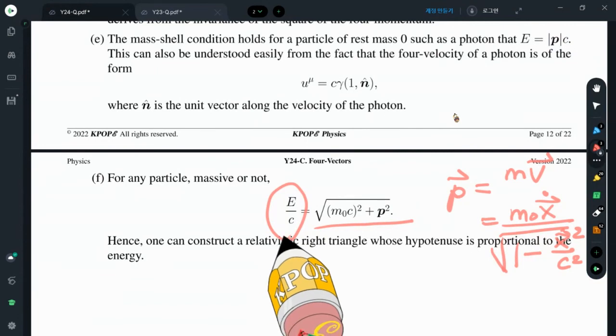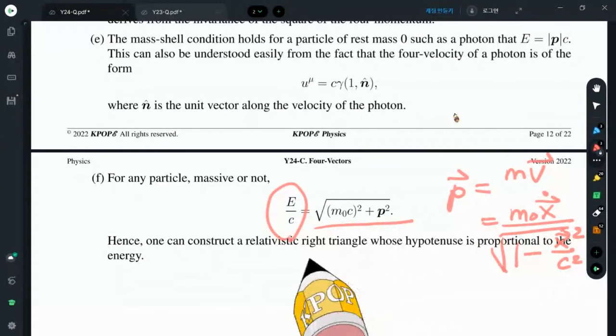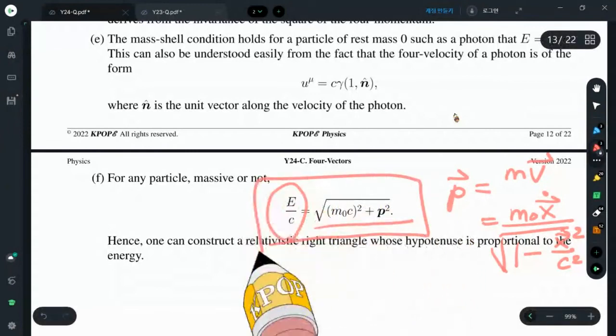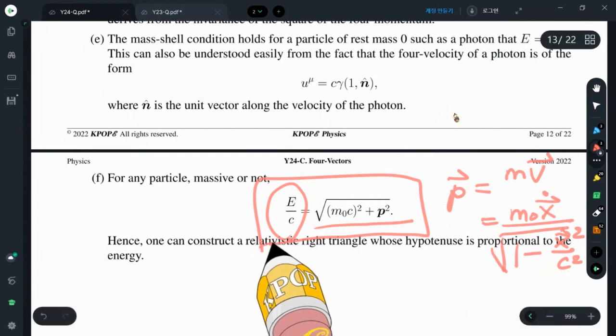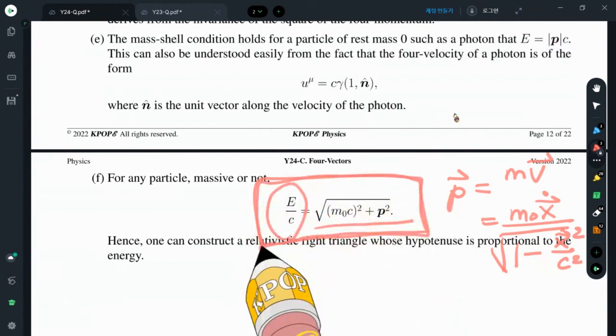From tomorrow, we will study the experimental verification of this crazy idea. It is a direct consequence of the fact that the speed of light is invariant. And Einstein's interpretation of this energy is indeed verified by the photoelectric effect and the Compton effect.